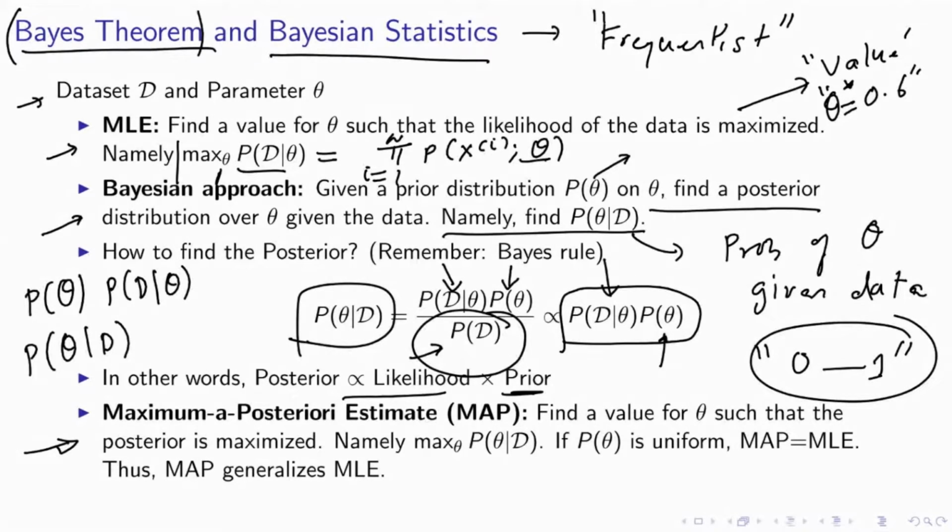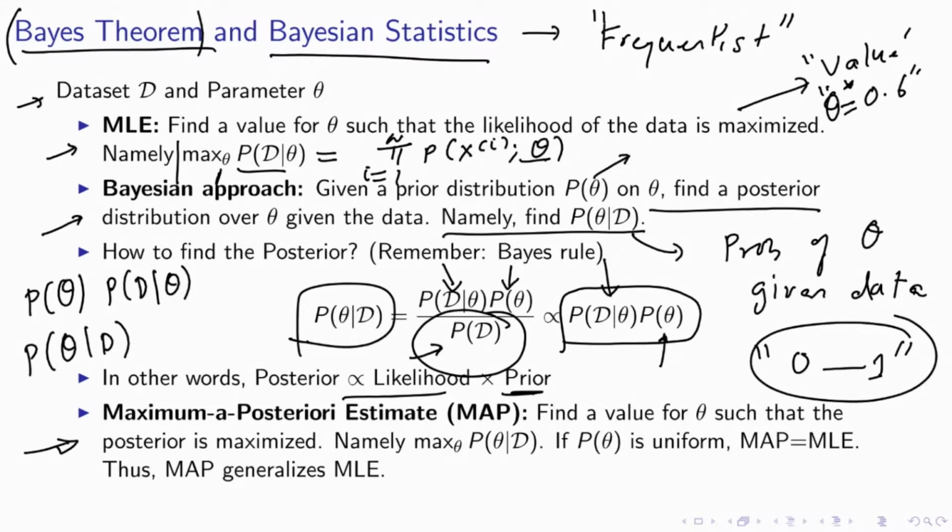We can also consider a so-called maximum a posteriori estimate of the posterior distribution. What this approach does is it's similar to the MLE approach in the sense that it also outputs a value rather than outputting a full probability distribution over the parameter theta. The way it's defined is very intuitive.